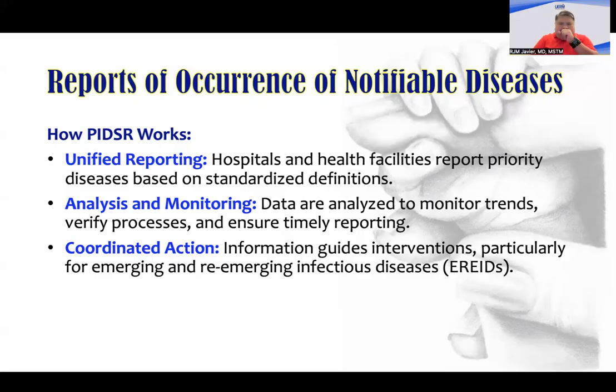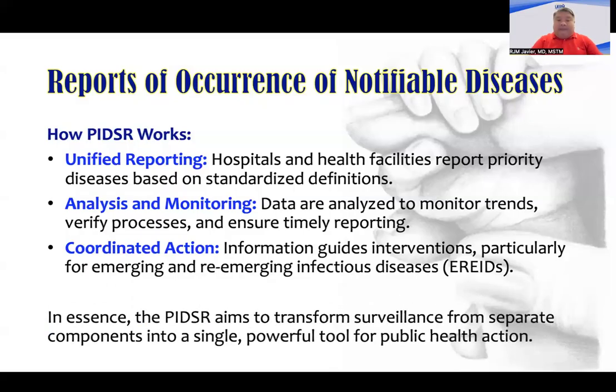And lastly, in the context of ARIDs, these are your emerging and re-emerging infectious diseases, which I will be elaborating on in a short while. You also try to look for information that will allow you to administer public health interventions and or actions.